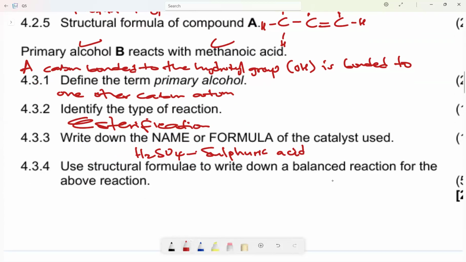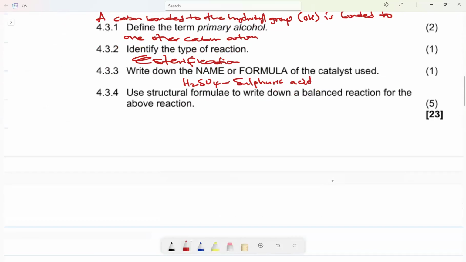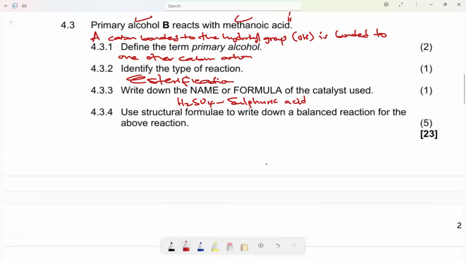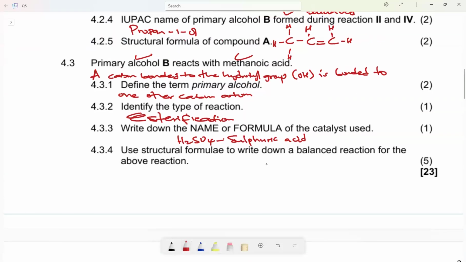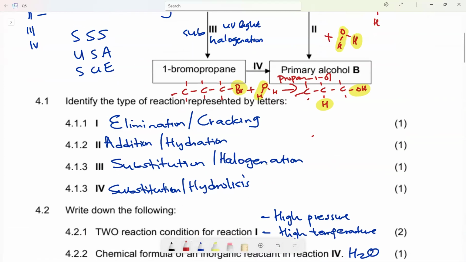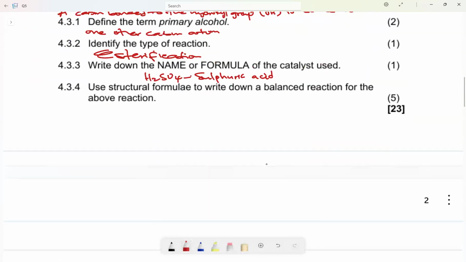Use structural formula now to write a balanced reaction for the above reaction. So now I'm reacting primary alcohol B. Primary alcohol B is propanol. I draw it like this. Propanol, I want you to look at this carefully.